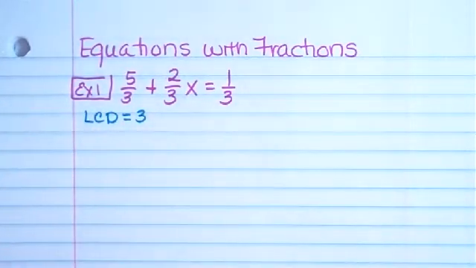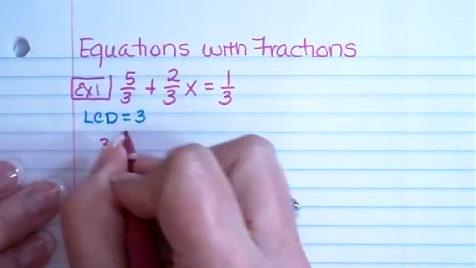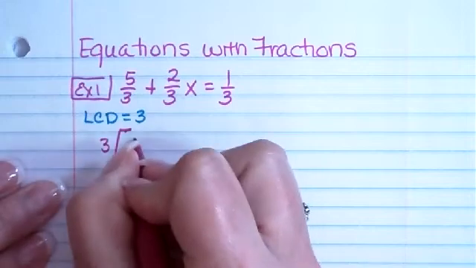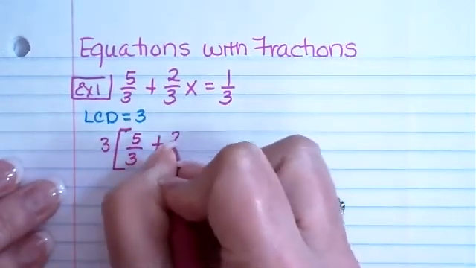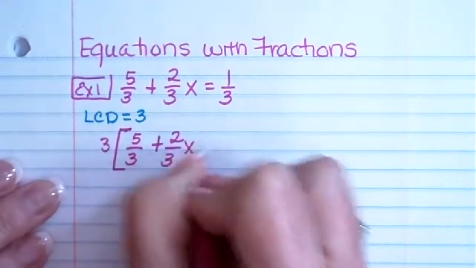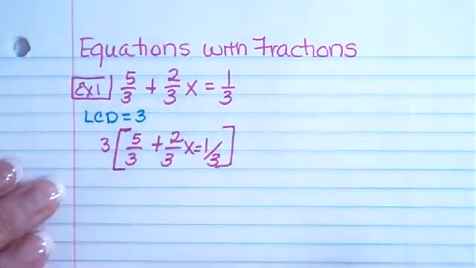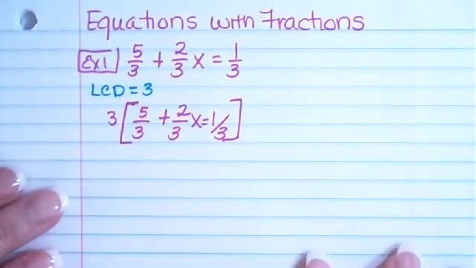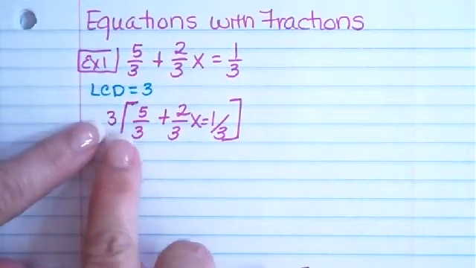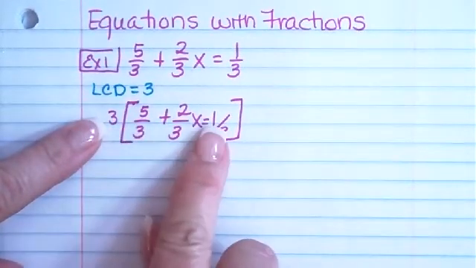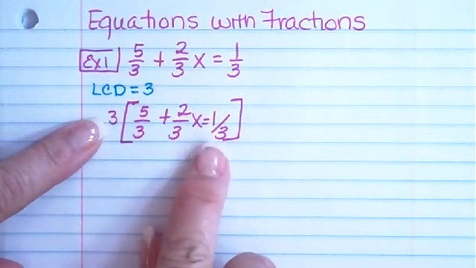Okay, so what I'm going to do is take the whole equation and write almost like a distributive property. That's what I'm going to do, distribute. Now I want you to think about this. We're going to be multiplying everything in the parentheses by 3, but we're also dividing by 3.